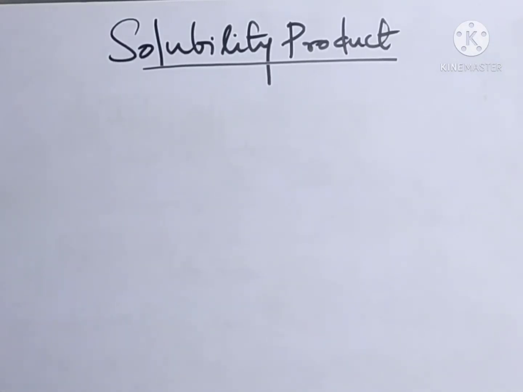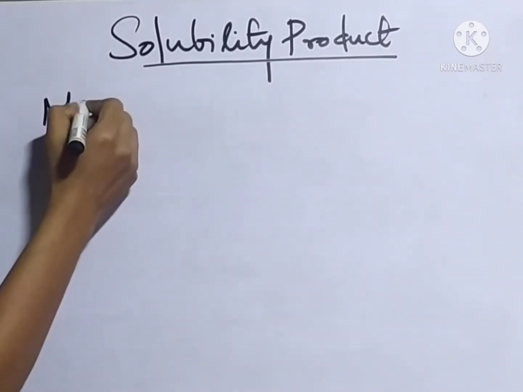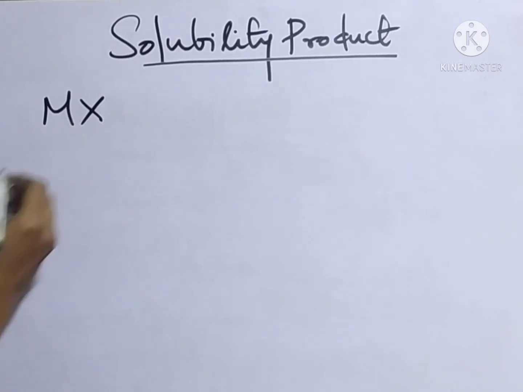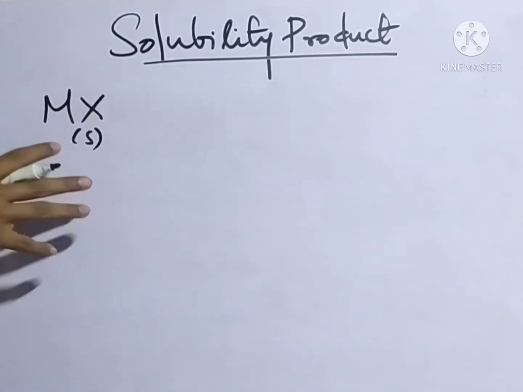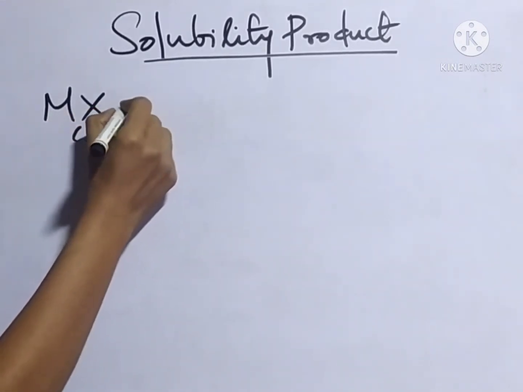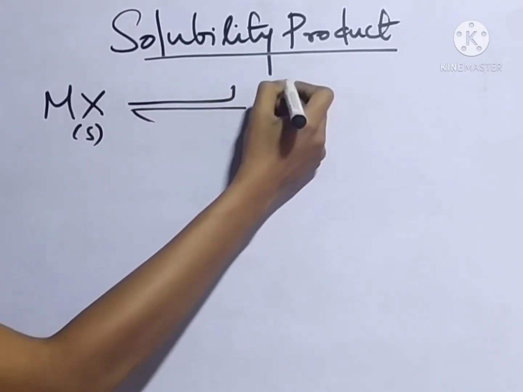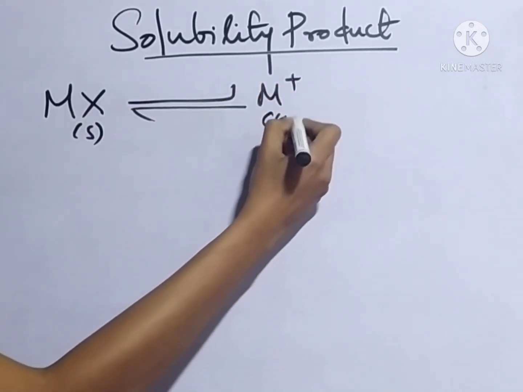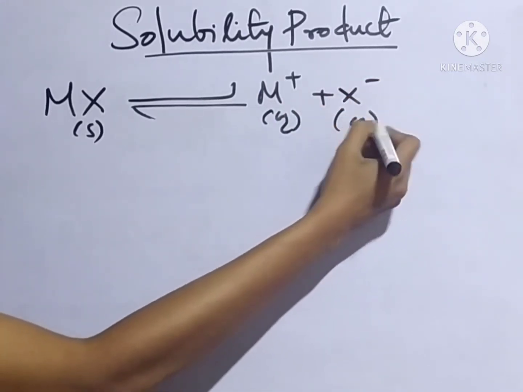The next one is solubility product. So let us consider a partially miscible substance MX solid. If we add water into this, that is if we make a solution of MX, we'll get M plus ions and X minus ions.